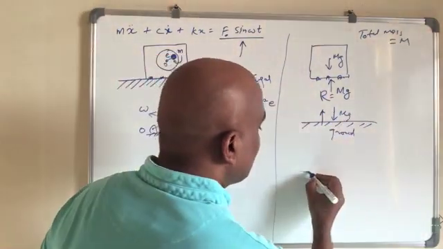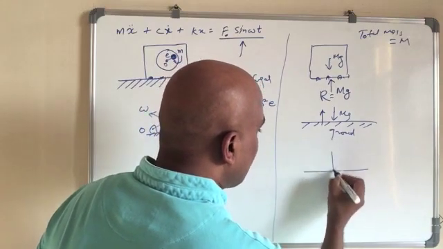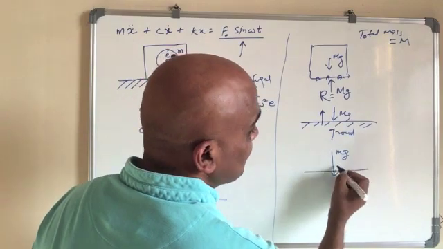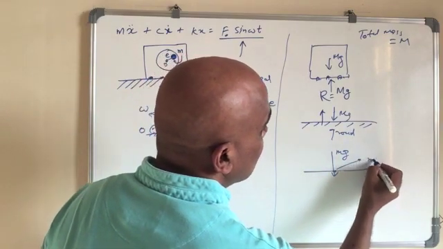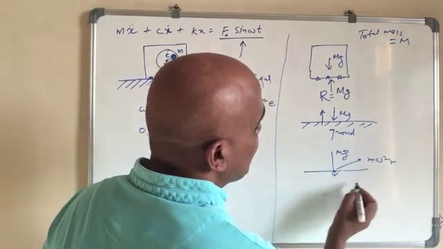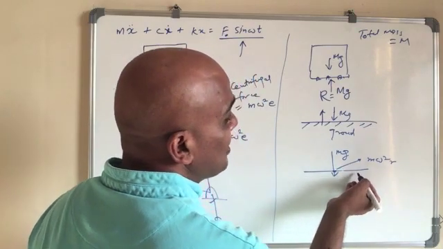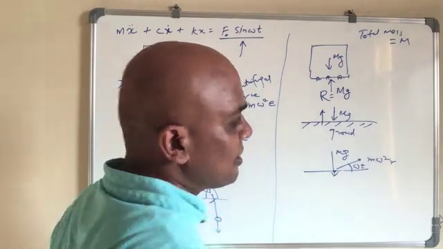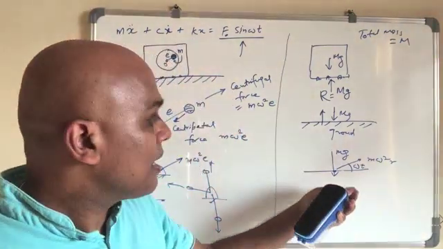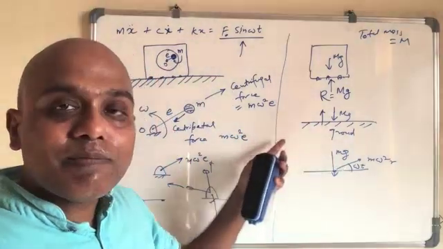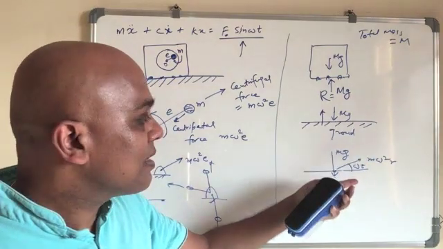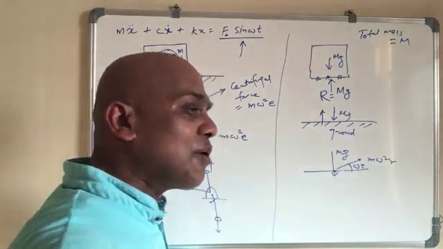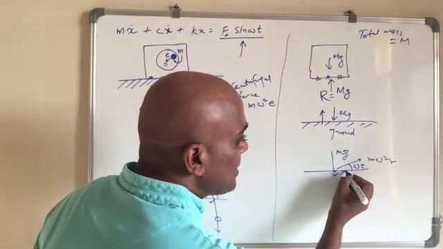So what you get? You do get mg here, and then you have m omega square r, but it all depends on omega t, basically, right? What I mean to say is it depends on time.